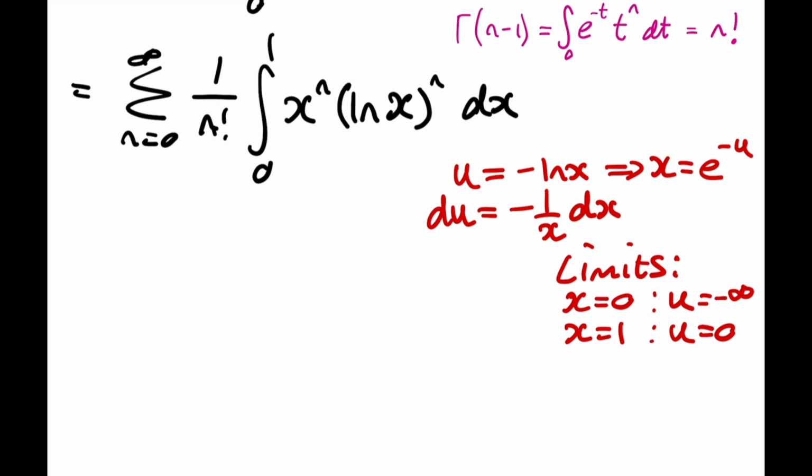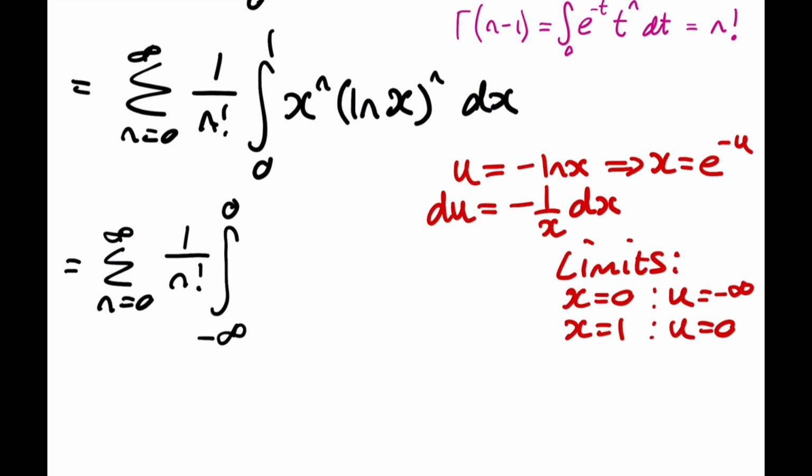Okay, so substituting in everything that we have just done into our integral, we can say that we've now got the sum from n is 0 up to infinity of 1 over n factorial times the integral. Now our limits are now negative infinity and 0. X to the power of n, well, what can we change that to?